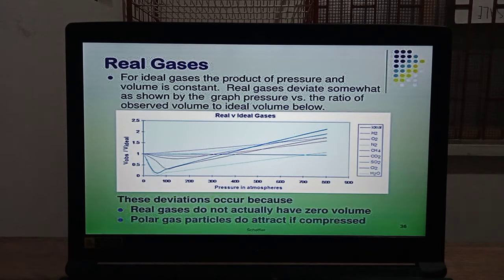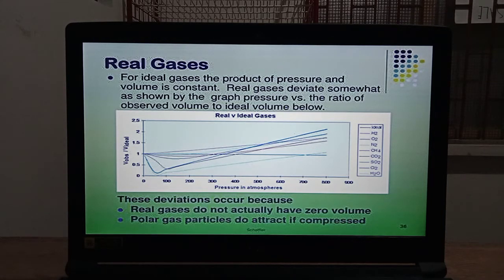The numbers 100, 200, 300, 600, 800, 900 are pressure in atmospheres, while 0.5, 1, 1.5 to 2.5 are the volume observed over the volume ideal.